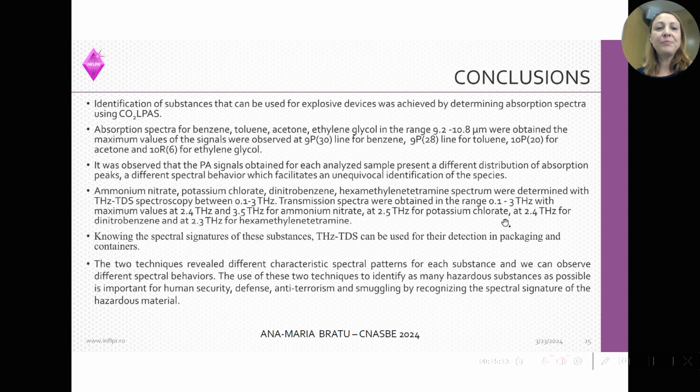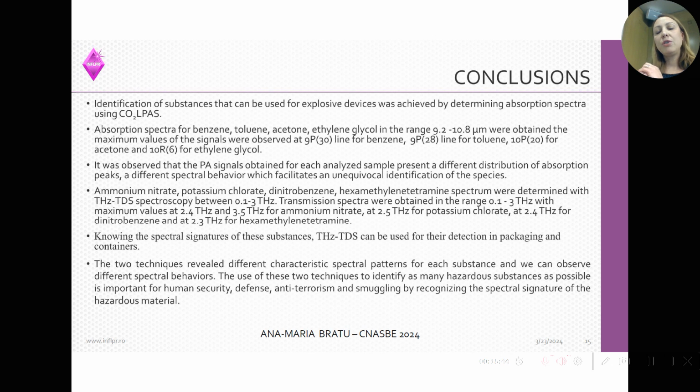In conclusion, we identify 8 substances using 2 laser-based spectroscopic techniques. Benzene, toluene, acetone, and ethylene glycol presented a special absorption in the CO2 laser lines.